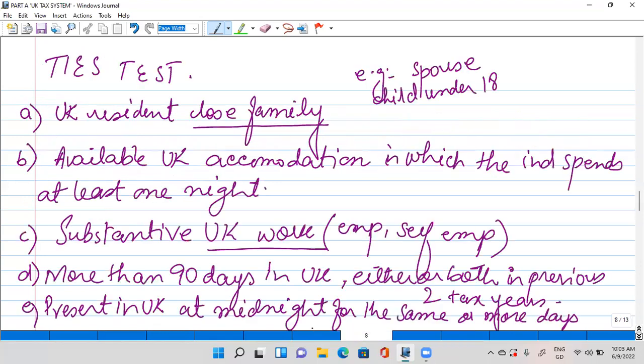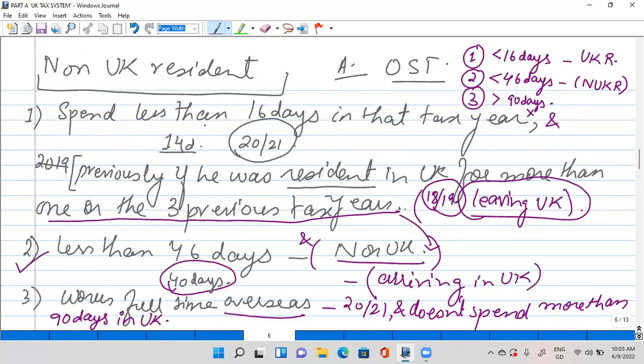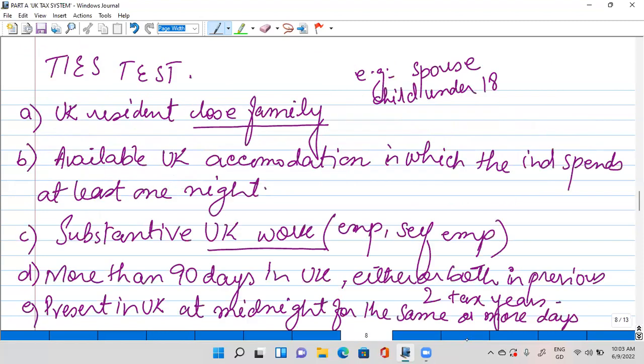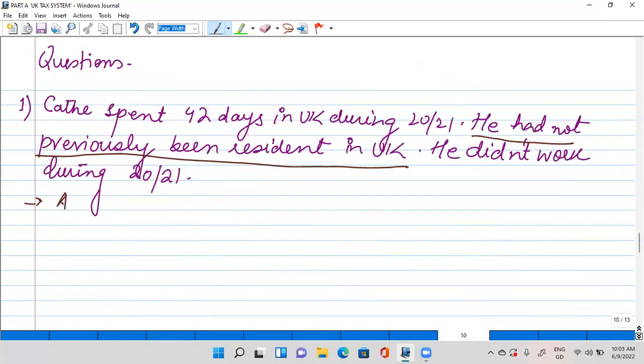Let's see, first of all, if we are going to consider the non-UK resident, is she meeting the second condition? It seems so. So it means that she is arriving in the UK. She satisfies the automatic overseas test, the second condition.